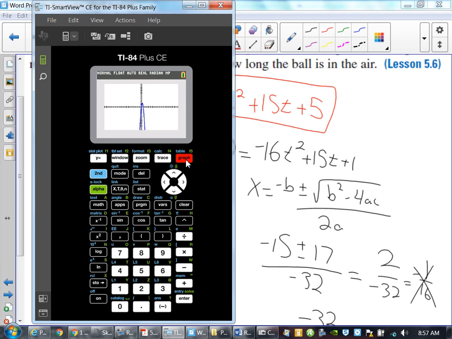Zoom Fit's fine, because at least it gives you a starting point. Personally, I know I have a y-intercept of 5, because that's my C value. I'm going to do my regular boring 10 by 10, just to get an idea. Remember, to change your window, negative 10, 10.